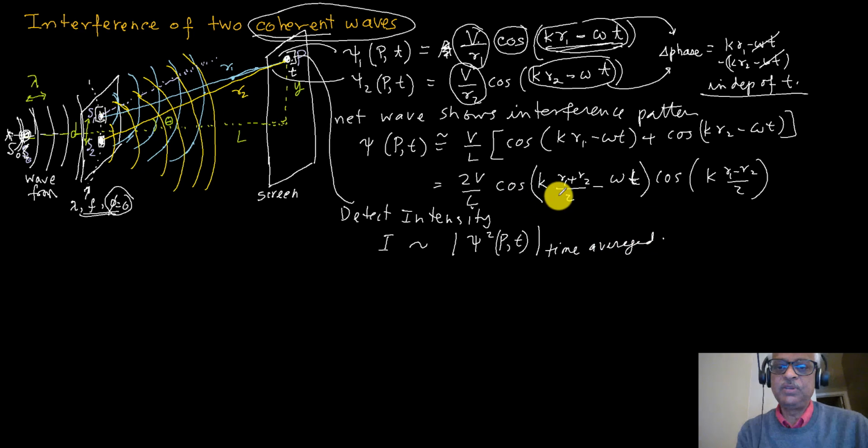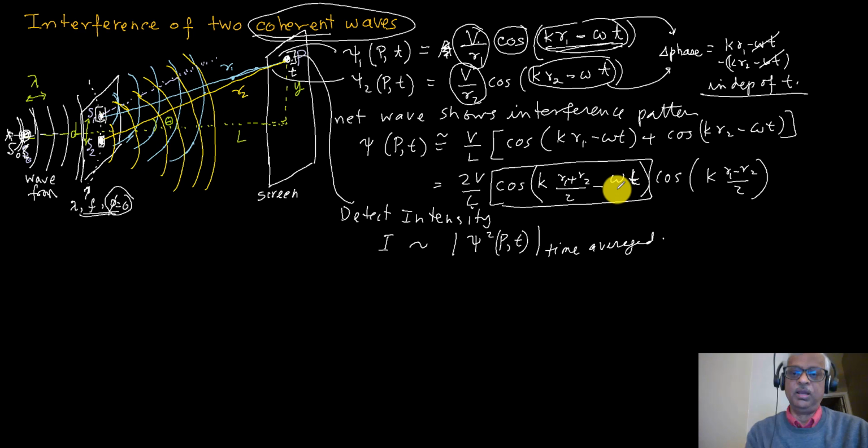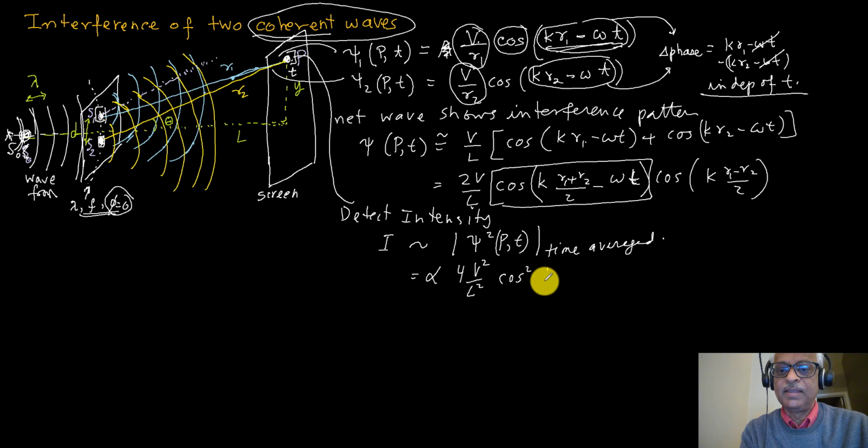If you look at this, this is the cosine. When I square it, I can convert it to a double angle formula, and it is going to become some constant alpha, 4v squared over L squared. These are all constant, and then there is a cosine squared of k delta r over 2.